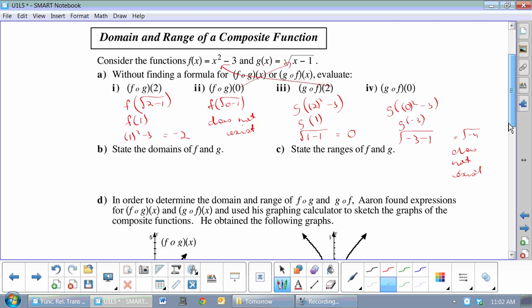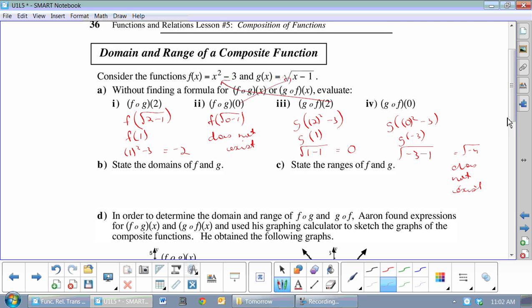Okay, let's do the domain and range of f. So the domain of f would be what? Let's write it here, f of x is x squared minus 3. Are there any restrictions on x? No, x would be in the reals, right?